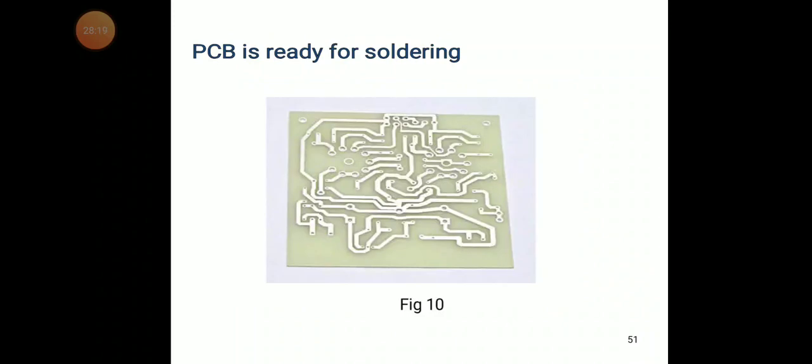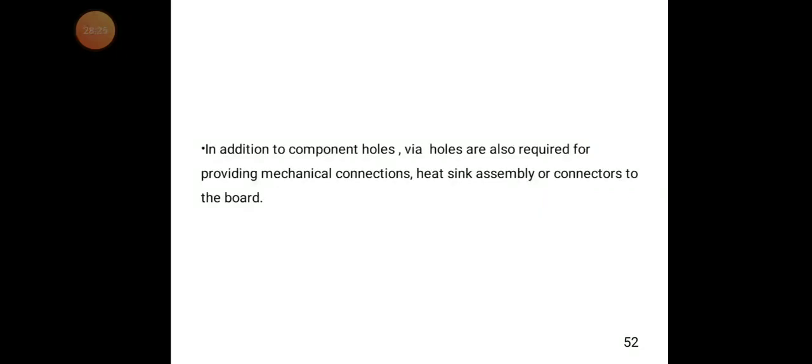The drilled PCBs, you can see, are now ready for soldering. In addition to component holes, via holes are also required for providing mechanical connections, heat sinks, assembly or connectors to the board. All these need to connect.